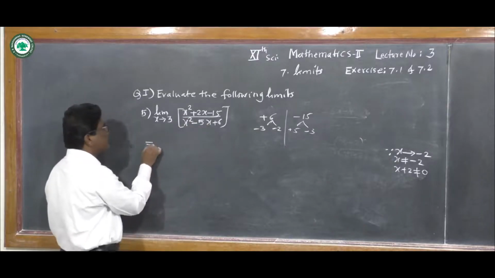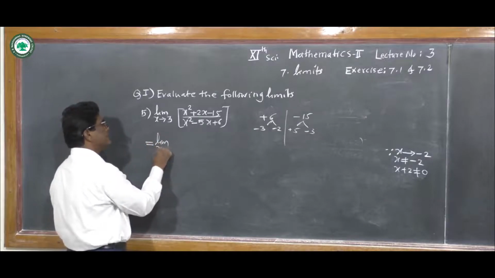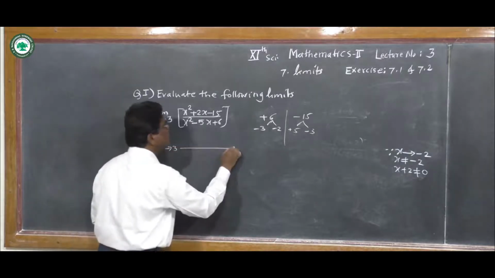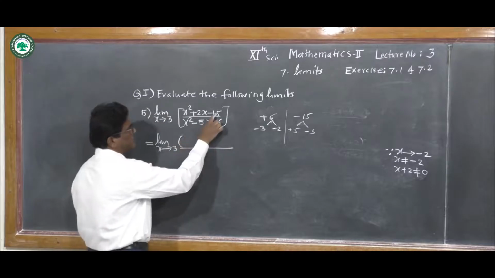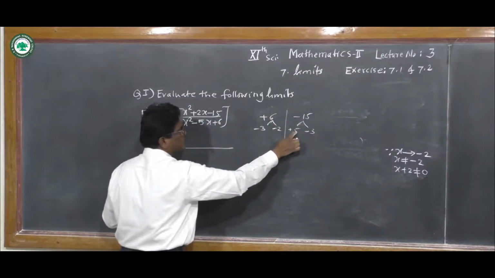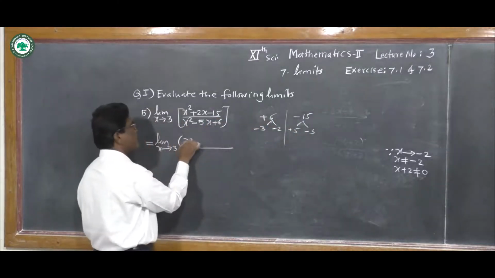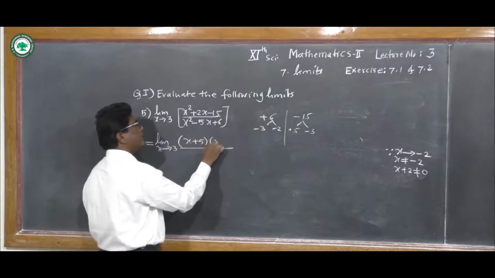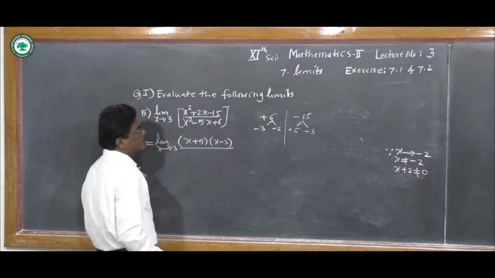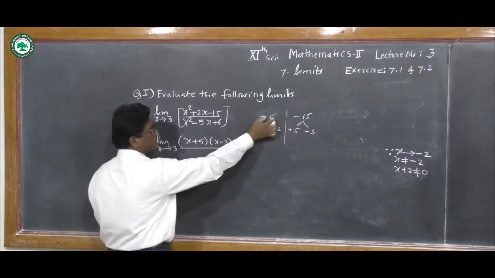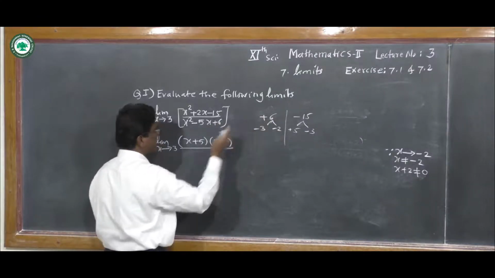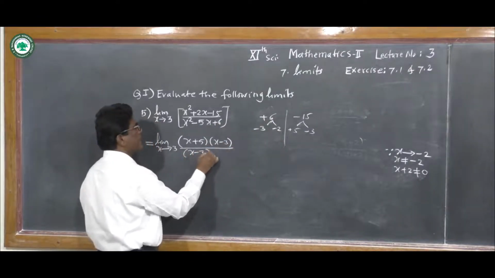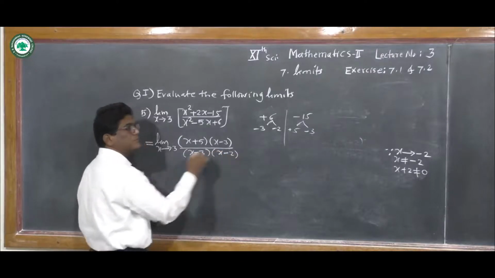So it is equal to limit as x tends to 3, in the numerator minus 15: x plus 5 and x minus 3. In the denominator plus 6: x minus 3 and x minus 2.